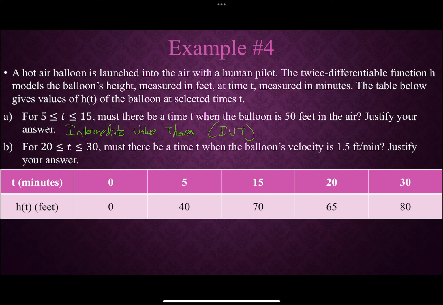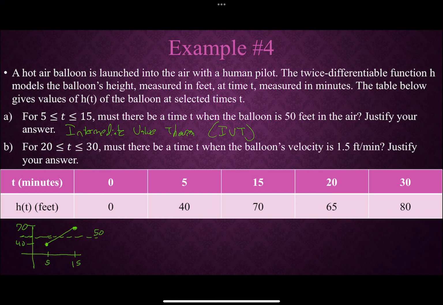Because if you think about this, in this case, from 5 to 15, at 5 we've got a height of 40, and at 15 we have a height of 70. The question is, do we have to cross 50 at some point here? And the answer is yes, because assuming this function is continuous, which it is since it's twice differentiable, the only way to get from 40 to 70 is I have to cross 50 at some point.